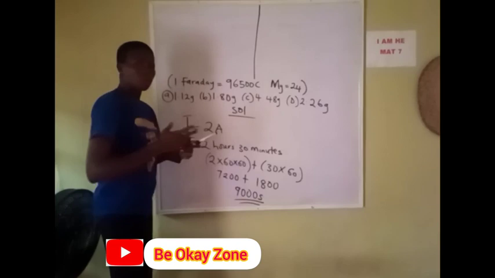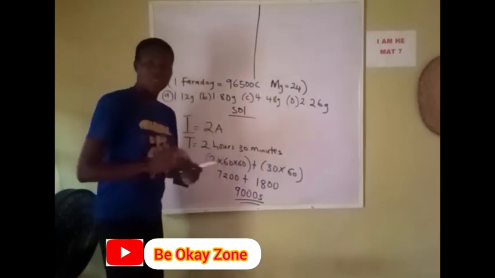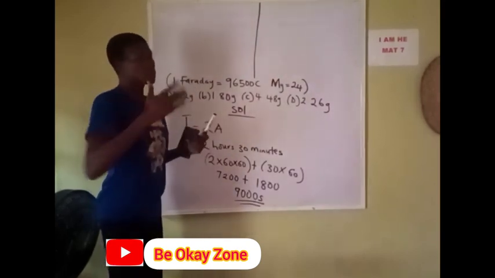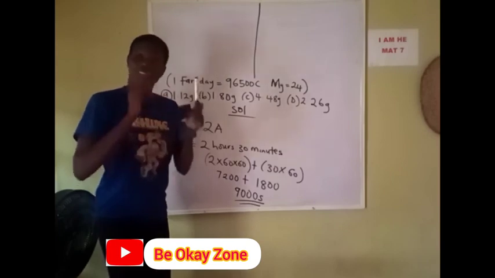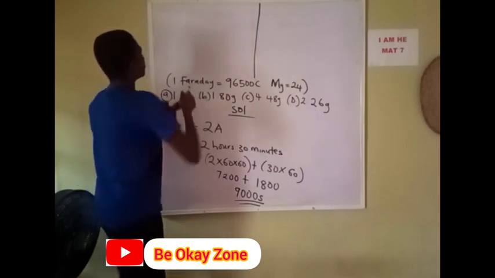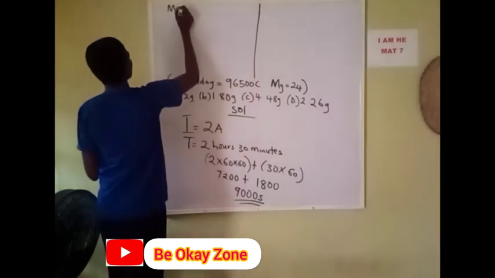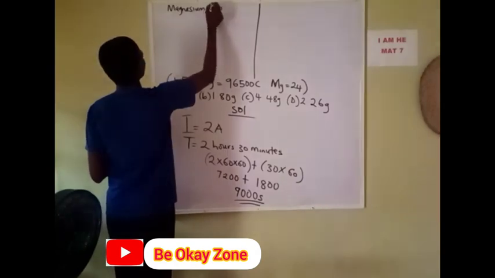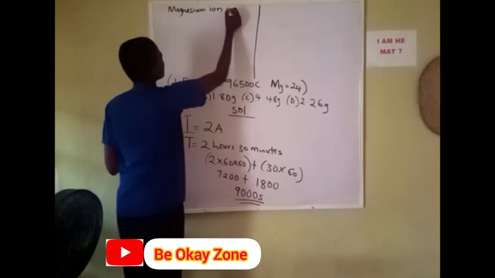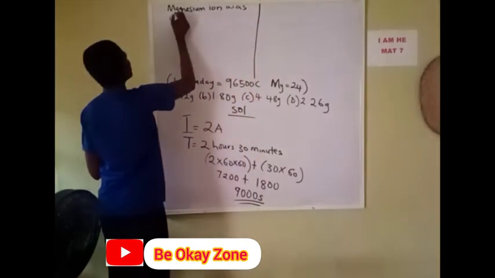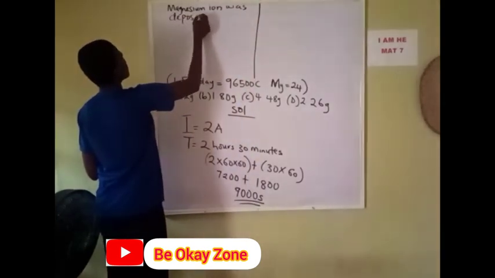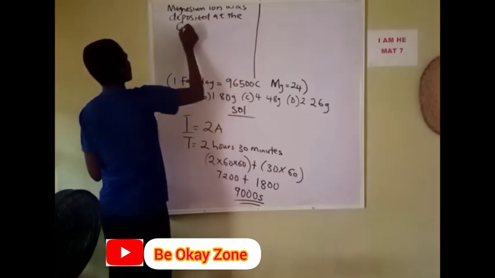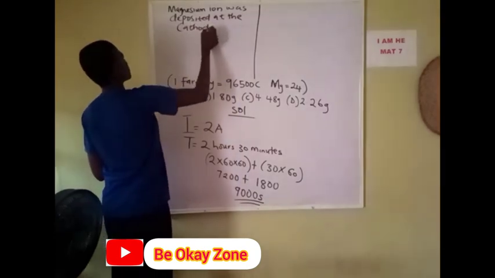Now from the question, I said the process is what? Electrolysis, right? So meaning while that process was going on, that's the electrolysis of magnesium chloride, something happened. Magnesium ion was deposited at the cathode.